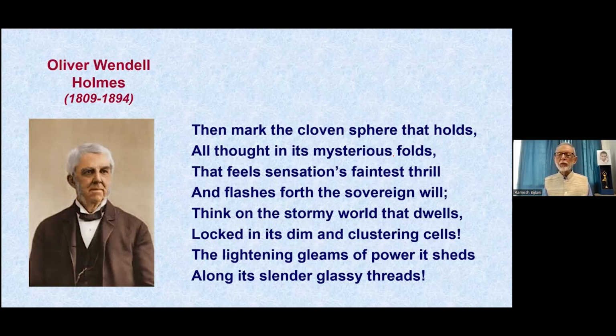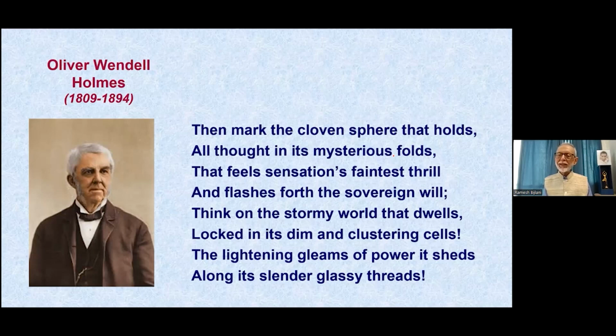Think on the stormy world that dwells, locked in its dim and clustering cells. So, with all types of stimuli coming and all types of thoughts coming and going, think of the storm that is going on within this structure. It's dim and clustering cells. In a way, dim because by themselves the nerve cells are not very intelligent. That is one way of looking at it.